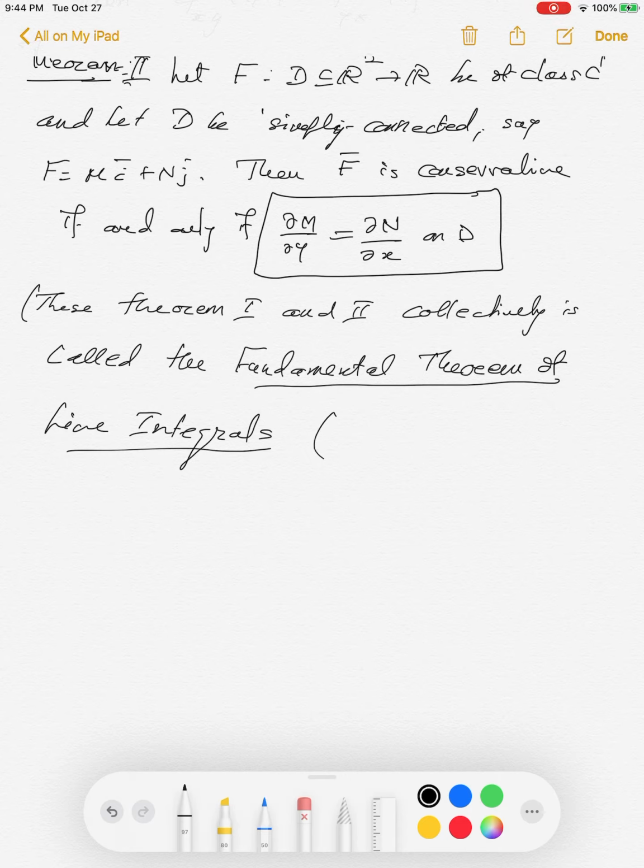I shouldn't say that because we'll study another important, maybe this is the first important theorem in Calc 3, because we are going to study Green's theorem, Stokes theorem and divergence theorem in time to come. Those are also very important. So this is a very important theorem in mathematics, of course.